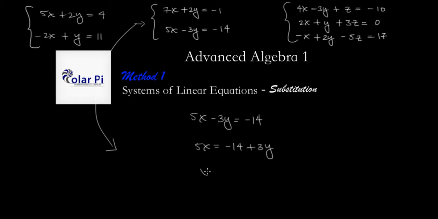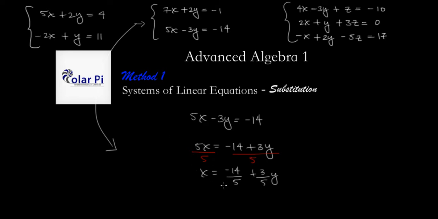And then my next step would have been to isolate x. I would have had to divide by 5 here, and therefore divide by 5 there. So x will have to be negative 14 over 5 plus 3 over 5 y. And now I have a justification for why I prefer elimination, because I don't really have to deal with fractions as much.